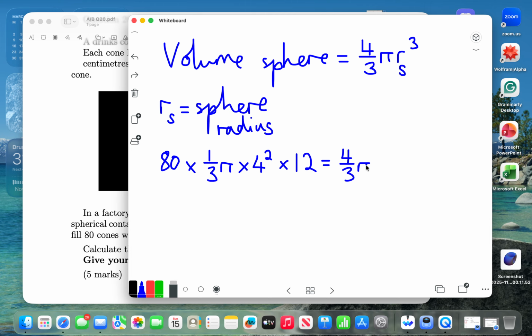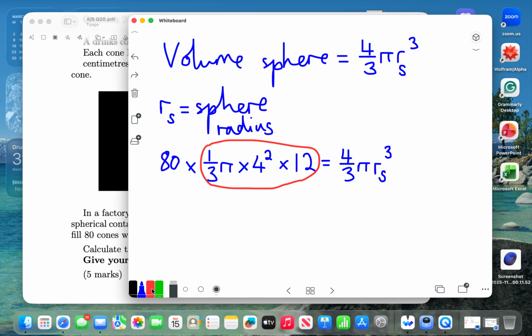Because the sphere volume is 80 times the volume of the cone, this part is the volume of the cone, and we've multiplied it by 80, and we somehow have to get the radius of the sphere. You notice that we have a pi on both sides. We can cancel out the pi, and we can also get rid of the 1/3.